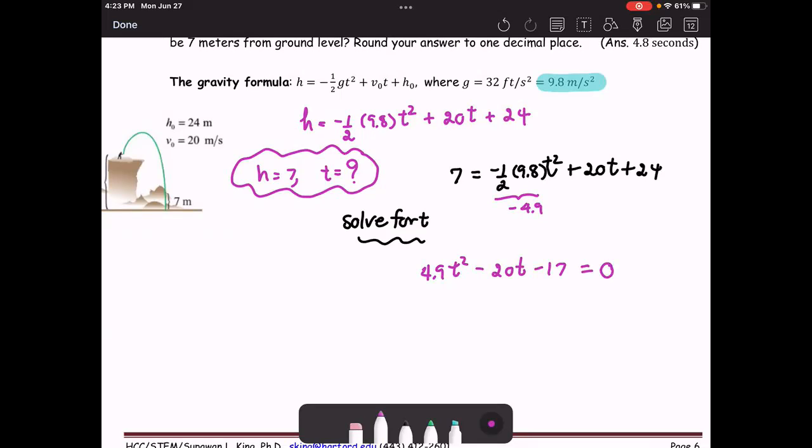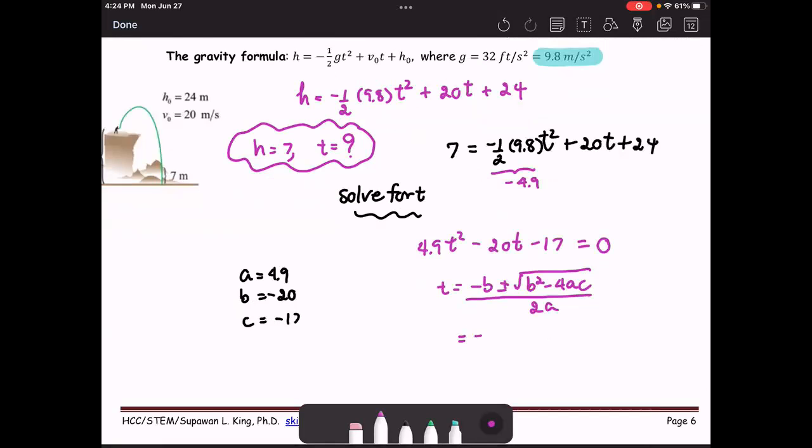Now we have the quadratic equation where a is 4.9, b is negative 20, and c is negative 17. Using the quadratic formula, t equals negative b plus or minus the square root of b squared minus 4ac, all divided by 2a.